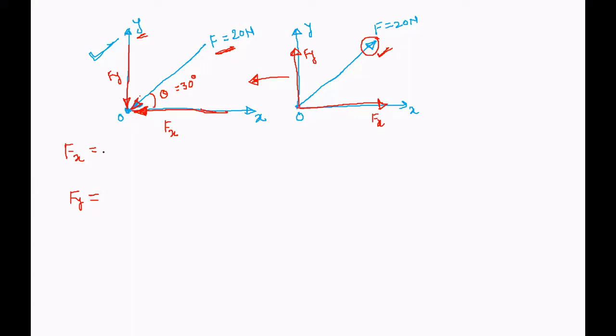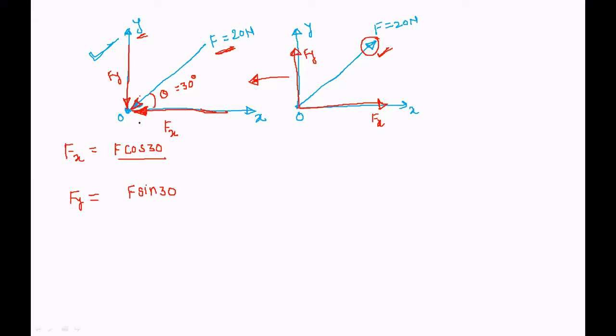So Fx is the adjacent component, as theta is given with respect to x-axis, so we will write Fx is equal to F cos theta, that is F cos 30, and the Fy component is the opposite component, so it will become F sin theta, that is sin 30.